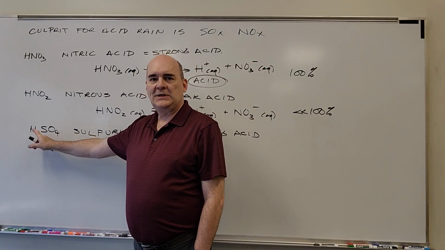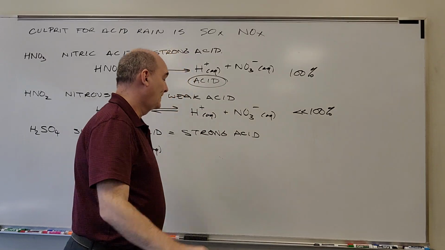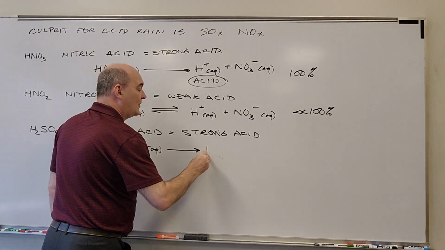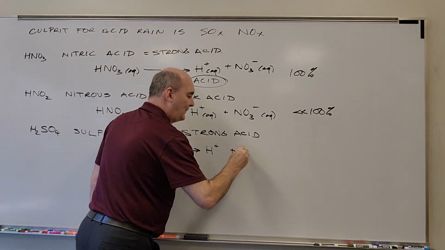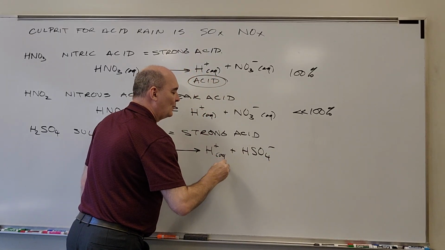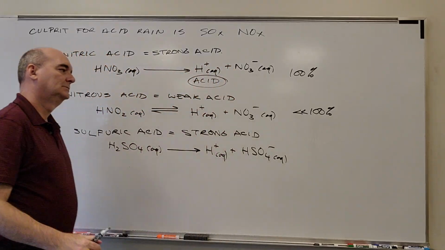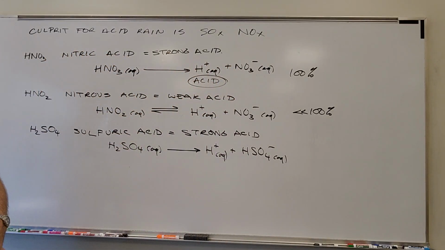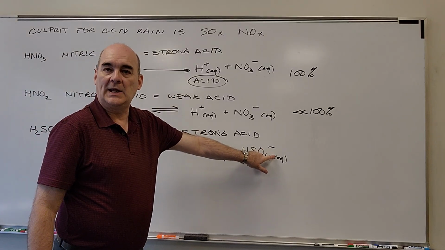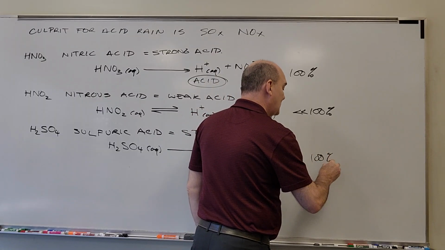Sulfuric acid is a diprotic acid. It has two H+ ions to give, but it gives them in stages. And the first one, only the first one, is given away completely. The second one is subject to resistance, because now I have to remove an H+ away from something that's already negatively charged. Okay, so this one goes 100%.